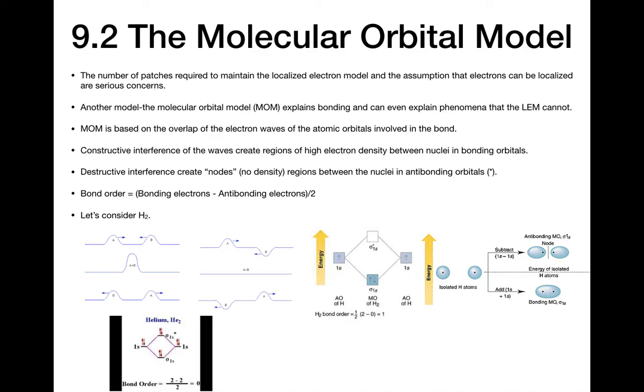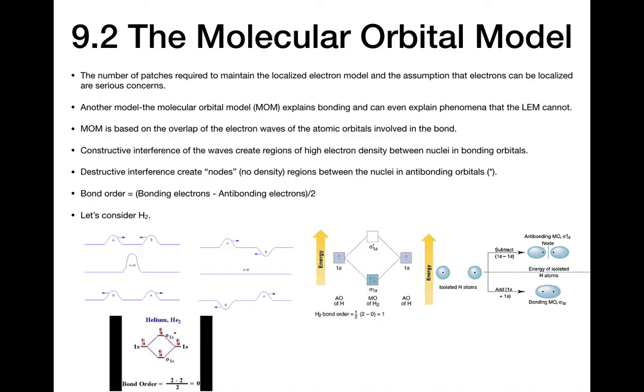So localized electrons are a bit of a concern with this model, plus all of the extra patches such as not obeying the octet rule all the time, and formal charge, and VSEPR shapes not always fitting the atomic orbitals, so we have to use hybrid orbitals and so forth, and resonance. So we have a number of patches.